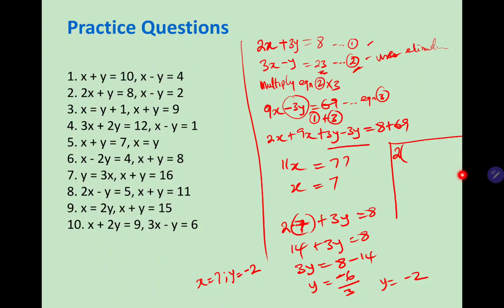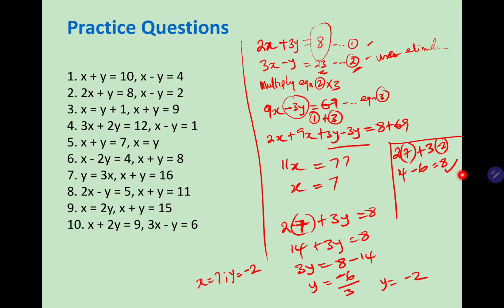Okay, so 2 into x, which is 7, plus 3 into minus 2. Does it give us 8? Let's see. So 2 times 7 is 14. 3 times 2 is 6, minus 6. So 14 minus 6 is equal to 8.